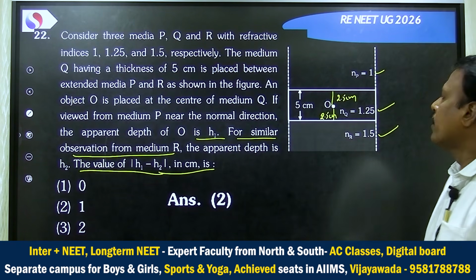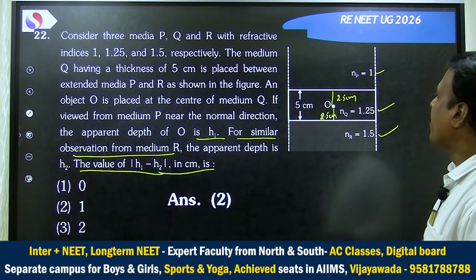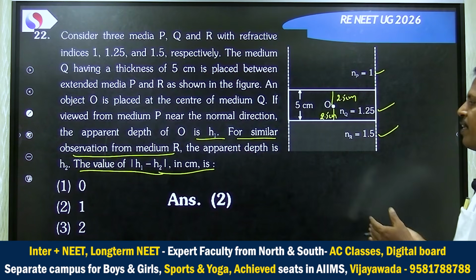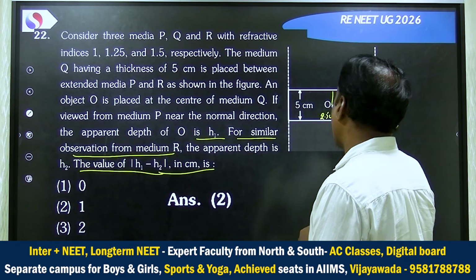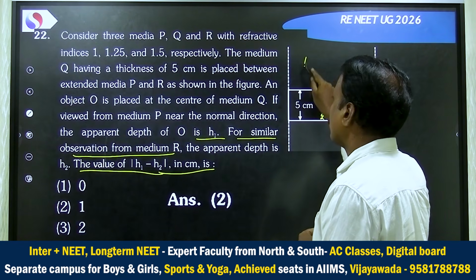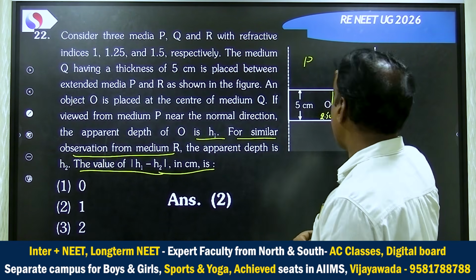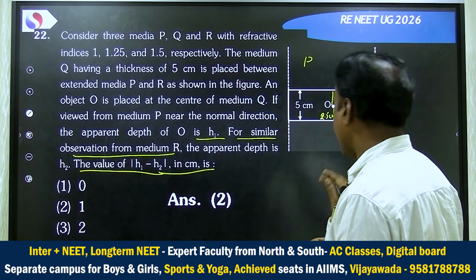Okay, so this is from refraction. Especially in refraction, when the object is in the denser medium and the observer is in the rarer, we can solve both cases. The first case, from medium P: when he is observing from medium P, P is rarer and this particular medium is denser.